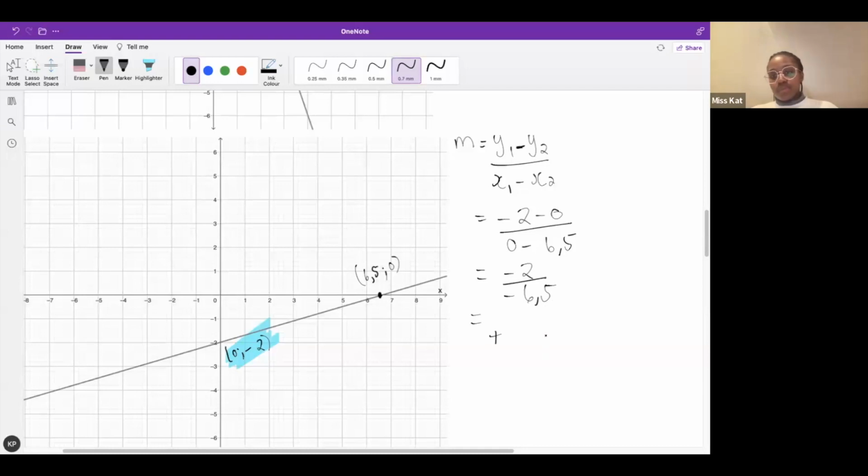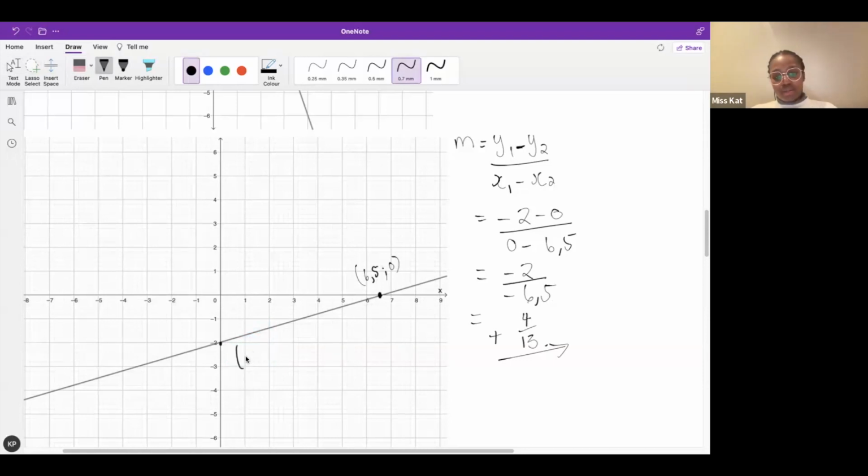Our answer would be 4 over 13. Okay, 4 over 13. That's our m. How do you want to find c? Do you want to look on the graph? Yes, ma'am, I want to try it. Let's find c.